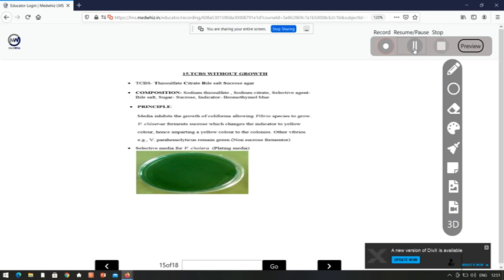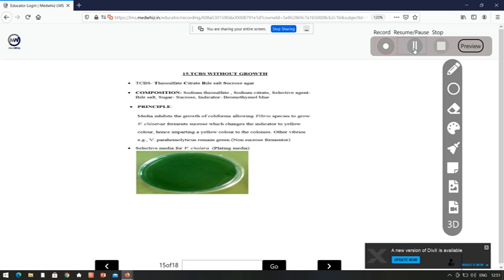What is the principle behind this TCBS? This media inhibits the growth of all other coliforms by the presence of the selective agent, bile salt. It kills all the coliforms or normal flora of the intestine. Thereby, it allows only Vibrio species to grow.